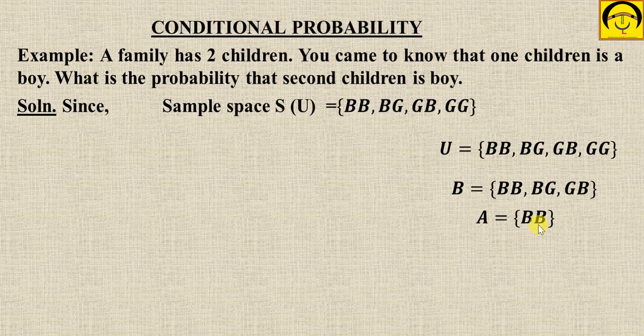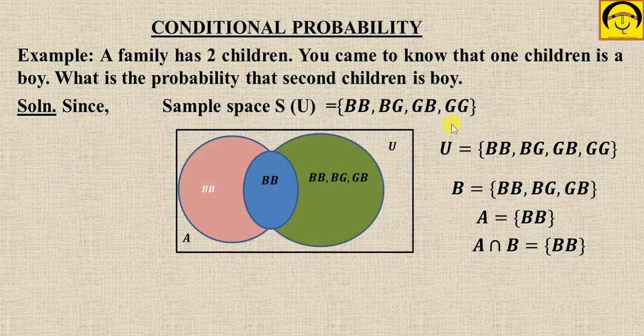Correct. So now I have to find the probability of A when B has already occurred, means the probability that the second child is a boy when the first child is already a boy. So simply you can see the intersection of A and B is A itself.